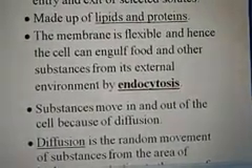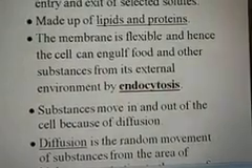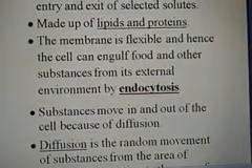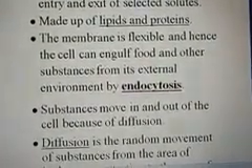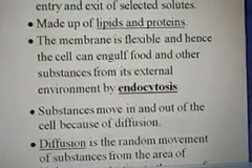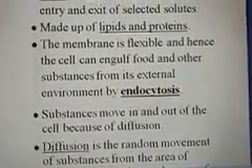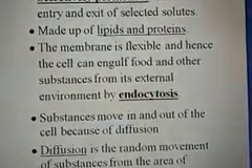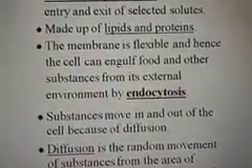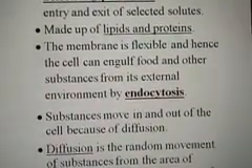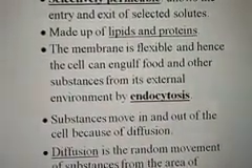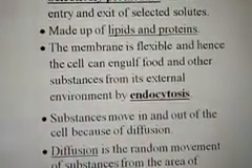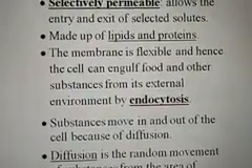Same way, how the amoeba can extend its pseudopodia and engulf the food, like that the plasma membrane can also engulf food and other substances from its external environment, which is called endocytosis. Substances move in and out of the cell because of diffusion.